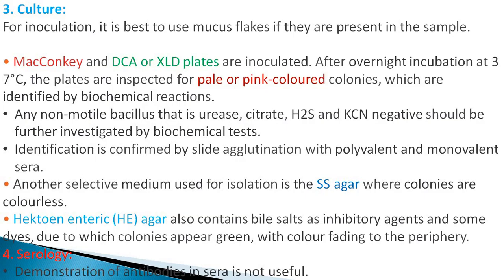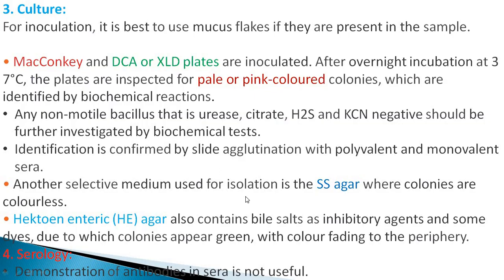The plates are inspected for pale or pink colored colonies, which are identified by biochemical reactions. Any non-motile bacillus that is urease, citrate, H2S and KCN negative should be further investigated by biochemical tests. Identification is confirmed by slide agglutination with the polyvalent and monovalent sera.